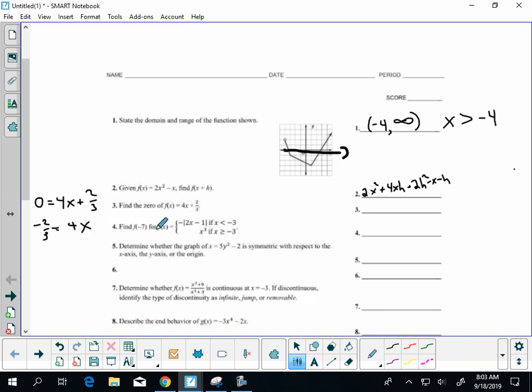I'm going to then divide by 4, which is the same as multiplying by 1/4. So -2/3 times 1/4 equals x. Again, multiplying by 1/4 is the same as dividing by 4. And that's going to give me -2 over 12, which is -1/6.